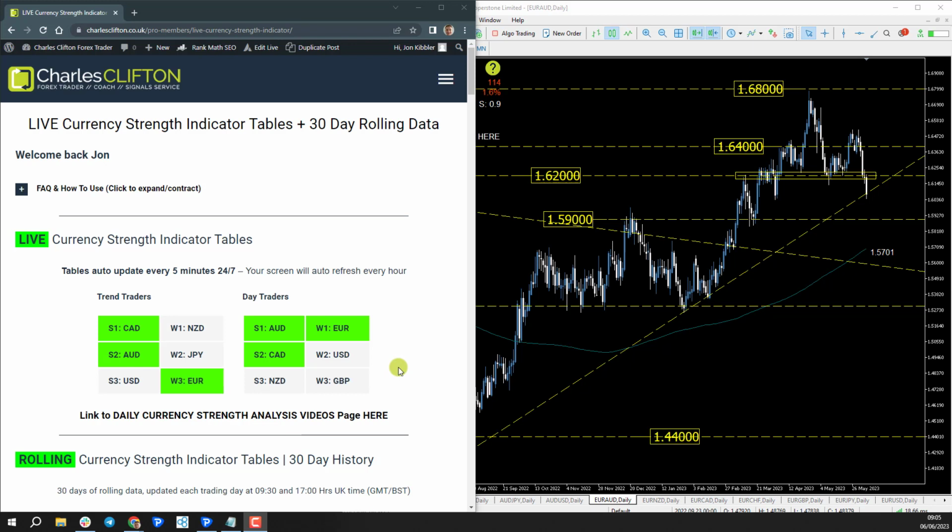In fact, on this Tuesday, the 6th of June, we've had some interesting developments. The Australian dollar is coming to the strength side of the table, being S1 on our day traders. We had some data overnight out of the RBA, which hiked interest rates from 3.85% to 4.1% in a bit of a shock move.